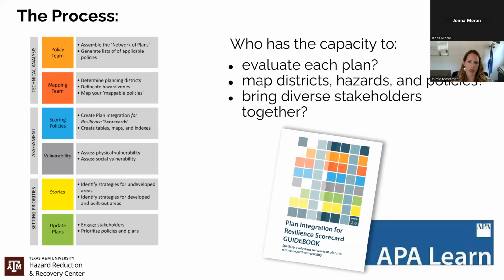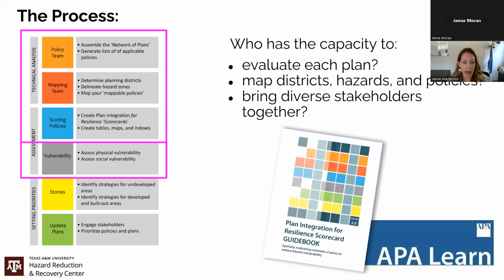And then lastly, think about how you might engage and bring different types of stakeholders together to further the conversation, making sure that we come up with holistic, comprehensive, new strategies and ways of thinking about resilience beyond just having it be in a hazard mitigation plan.